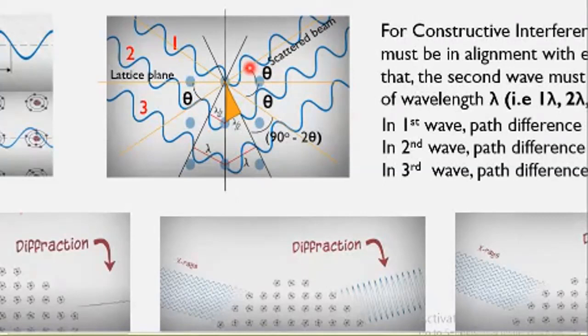The angle that is formed here between the scattered beam and the lattice plane is the same as that here. Similarly, we can say for this too, that if this angle is theta, then this will be theta also.